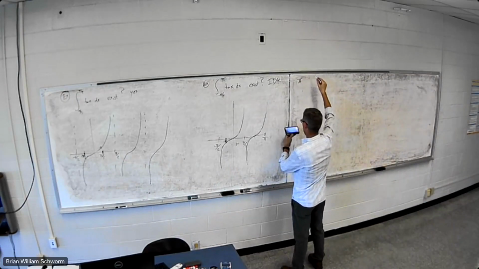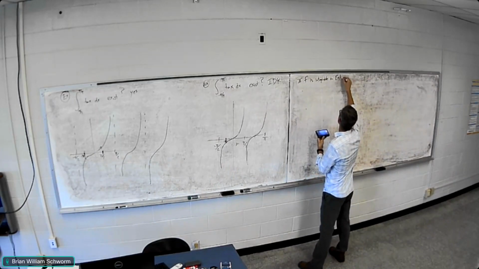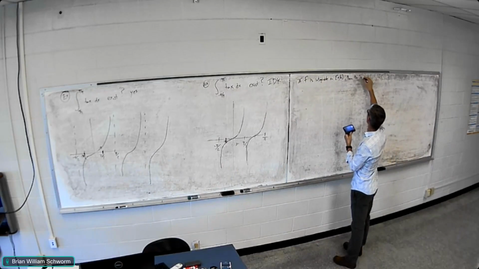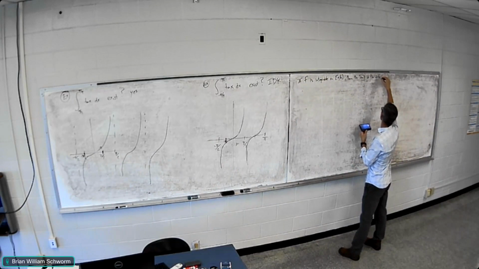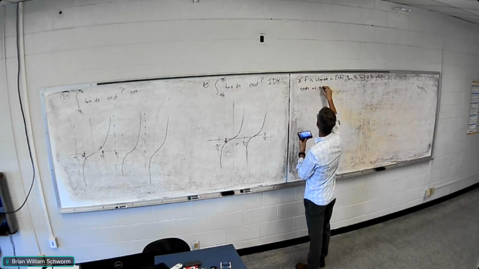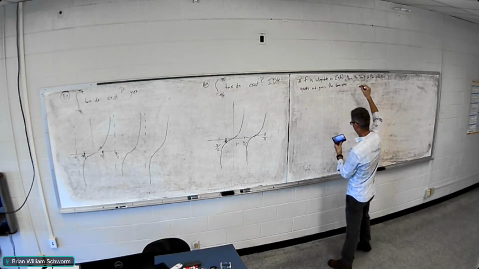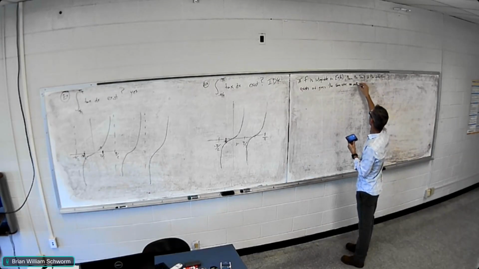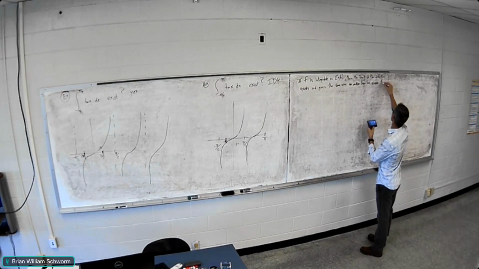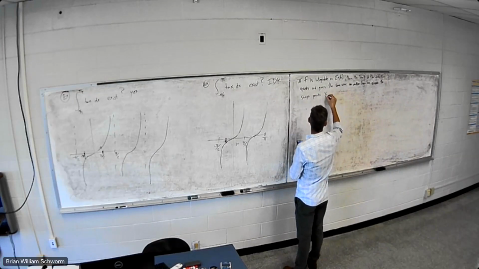If f is integrable on [a, b], so if we know that the definite integral does exist, then the limit in the definition exists and gives the same value no matter how we choose the sample points x sub i star.